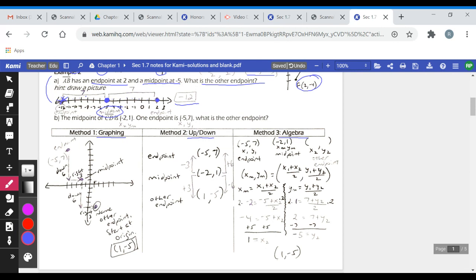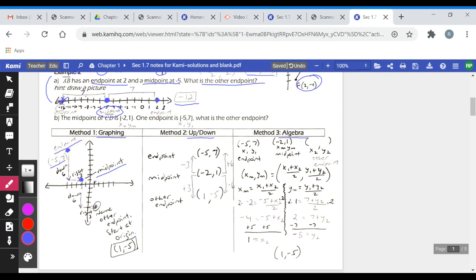So you can see here that one way to do it is graphing. And so I went ahead and graphed the midpoint at -2, 1. So you can see here, this is the midpoint, and I labeled it as the midpoint. You're going to keep track of what you're doing. It says one endpoint is -5, 7. So here's the other point. There's my -5, 7 and my endpoint.